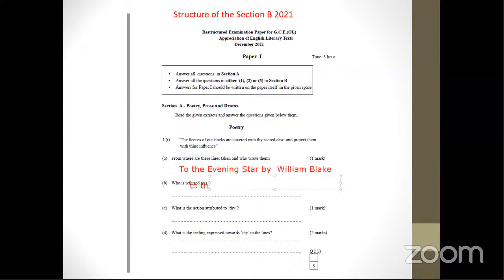So when you are typing the answer here, if you write in this manner, it's okay, because we are not expecting the title. This is answer reference only. Okay, it is coming as the reference. I see a lot of answers coming. And what is the action attributed to thy?